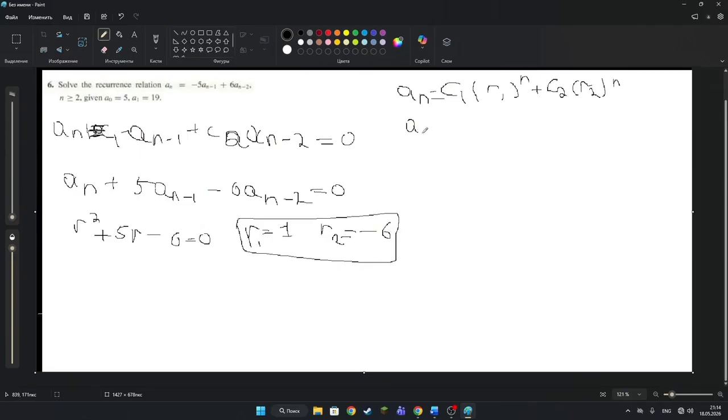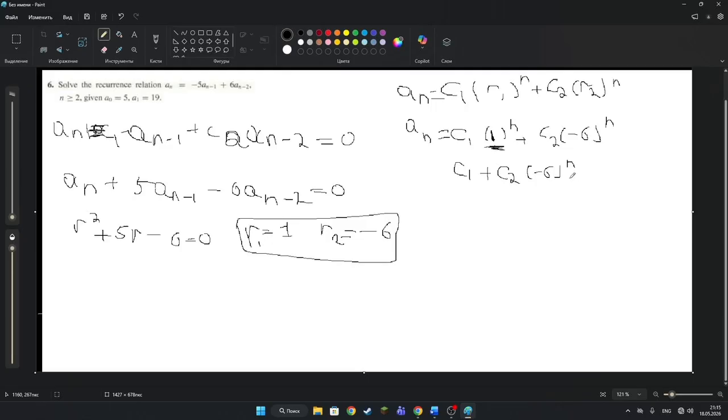It's c1 times 1 to the power of n plus c2 times minus 6 to the power of n. There we can see that it doesn't matter what the power of 1 is, it is always 1. Then we can write this as c1 plus c2 multiplied by minus 6 to the power of n.